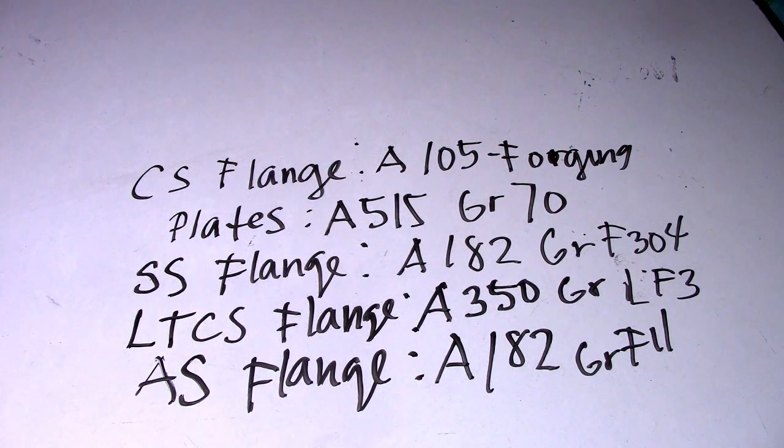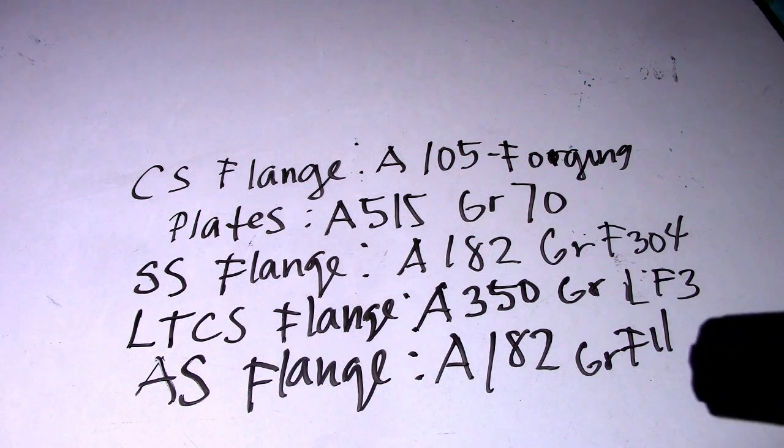SS304 has 18 chrome and 8 nickel, whereas SS316 contains molybdenum, 2 to 3%. That is the difference between SS304 and 316.